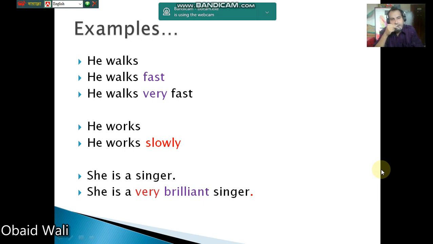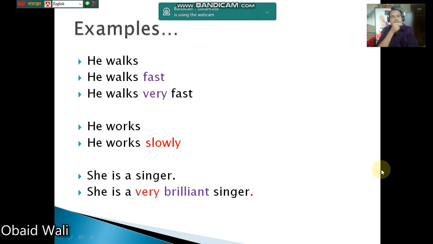And in the third sentence, more information than the first and second sentences is given. He walks very fast. How fast he walks? He walks very fast. Then again another example, he walks slowly. Compare this with the earlier ones. Then she is a singer, she is a very brilliant singer.